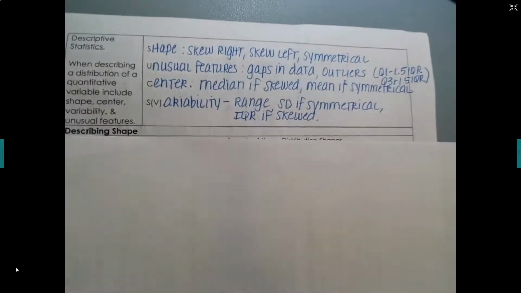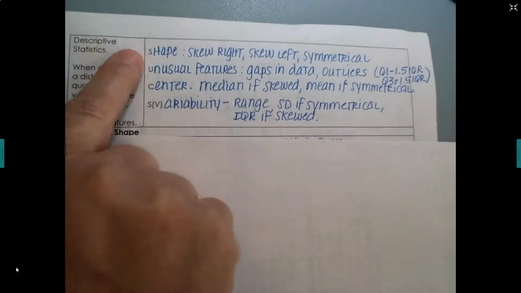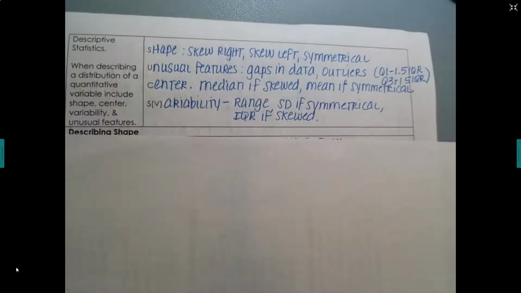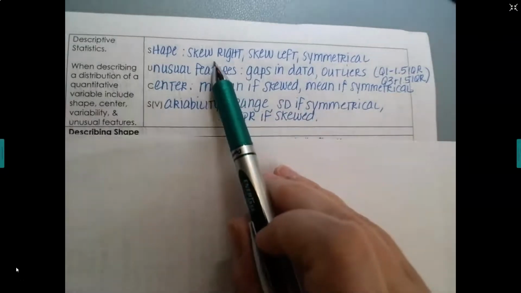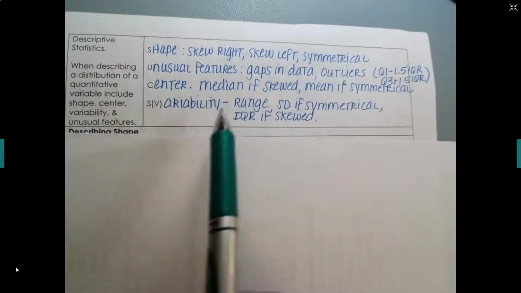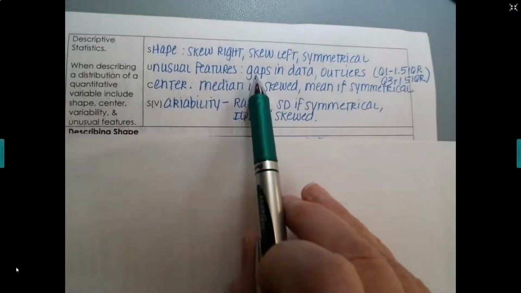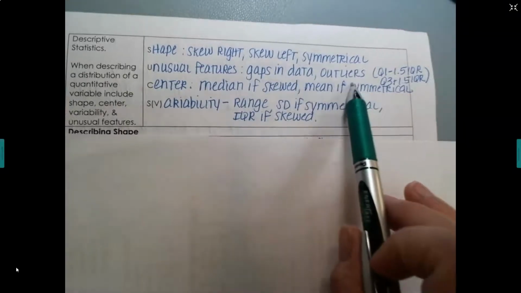Let's flip this over and let me remind you, when you are going to describe data, these are the 4 things I need you to talk about when you're describing a distribution. You want to talk about the shape. Now, most likely the only shapes we'll be talking about, the most common, are skewed right, skewed left, or symmetrical. You want to look and mention any unusual features such as gaps in the data or outliers.